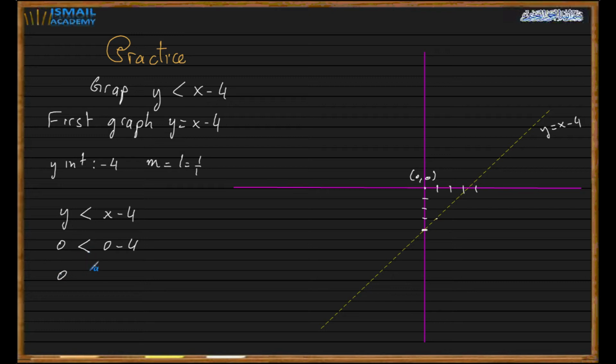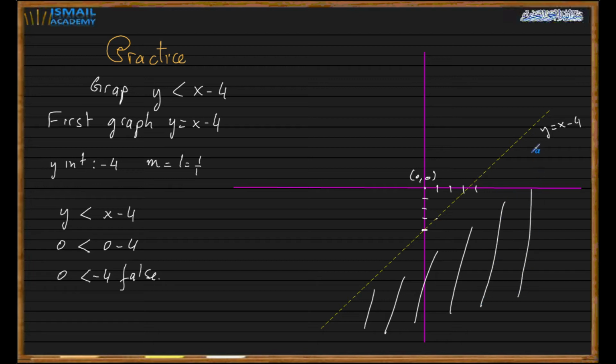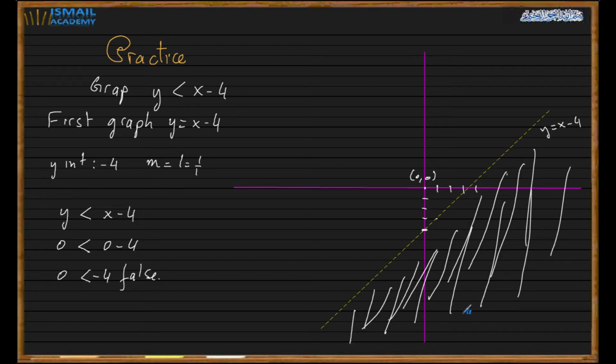So I have 0 is less than minus 4, which is false, which means I will not shade this area. This area gives me a false conclusion, so I'm going to shade the other area. This is the area of the feasible solution.